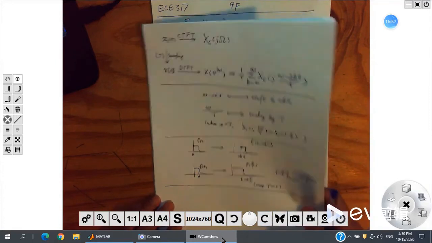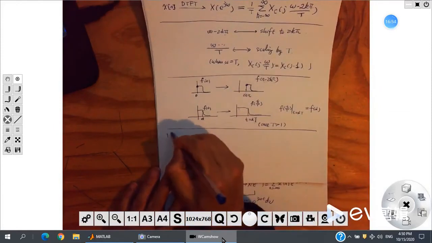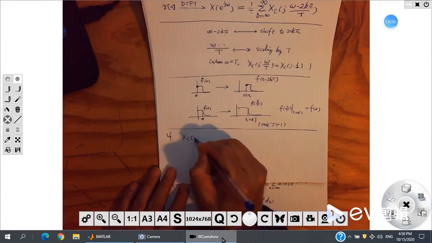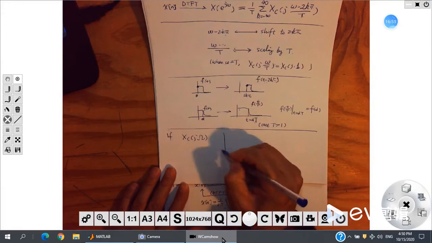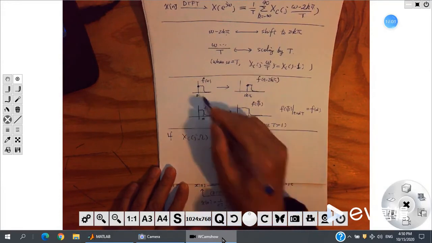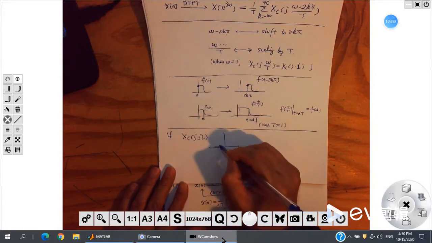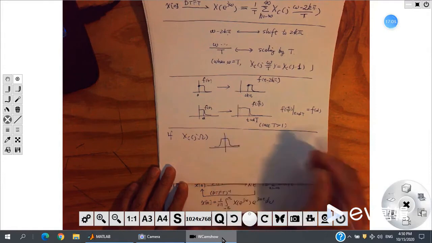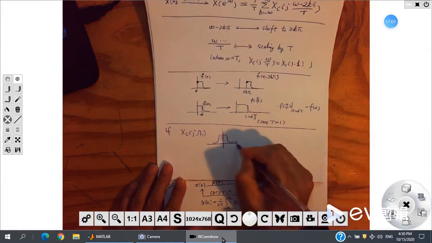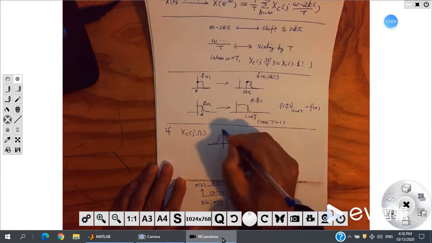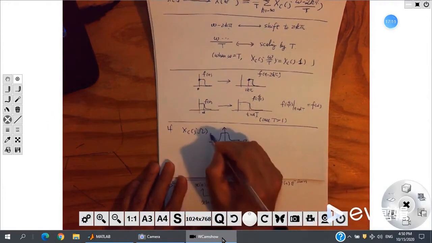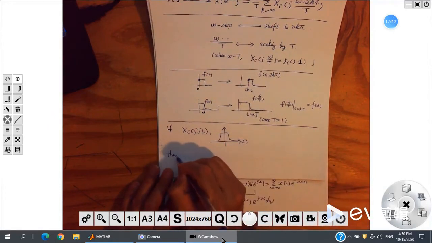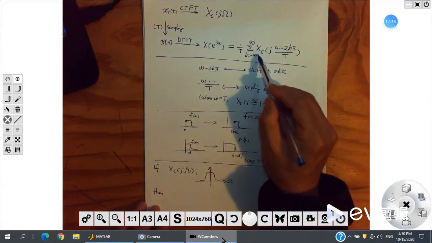So you can see like this. If Xc of j omega looks like this, for example, here's a capital omega, like this. Here's the infinite terms. We just look at one term.